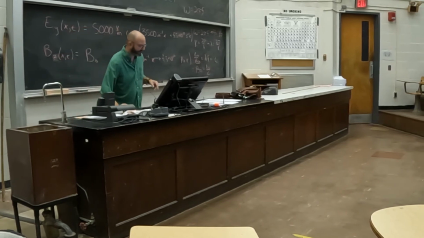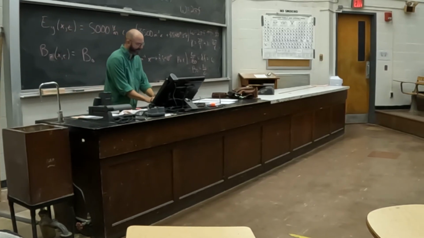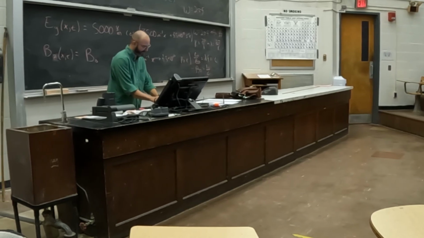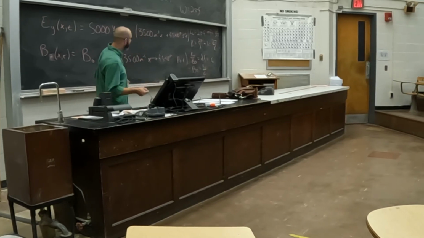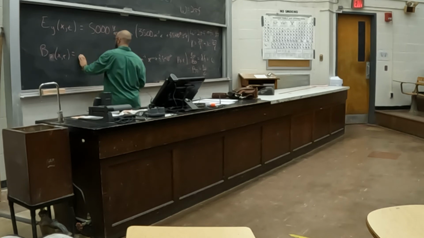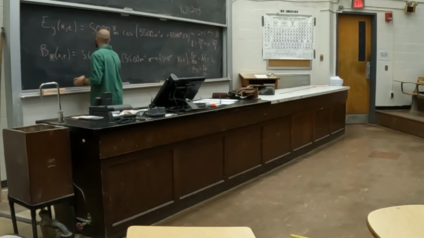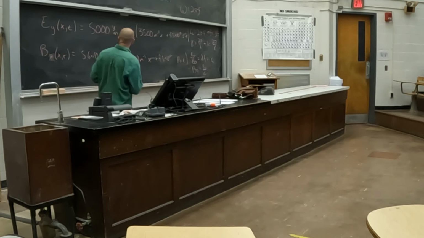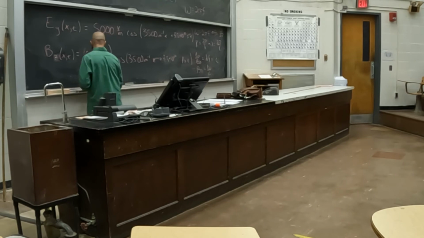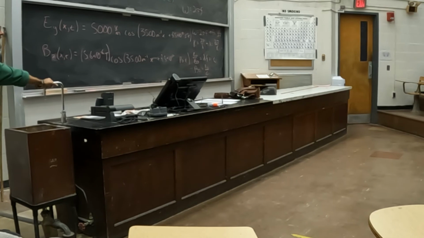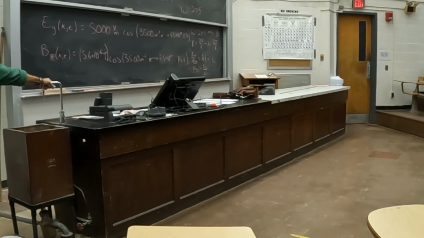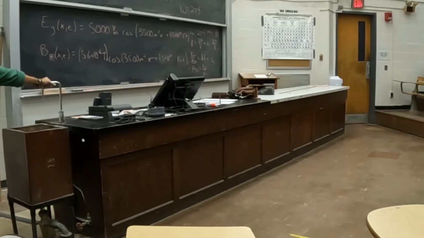Now, we got E naught divided by C. E naught is 5,000 volts per meter divided by that, and I get about 5.6 for B naught times 10 to the negative 6, and that's going to be in Tesla. Right. And now I'm done. Apart from the typos and bad copying on my part, I don't think that's that intense. Does anybody have questions about how we proceeded there?